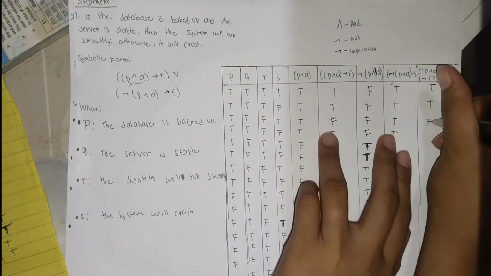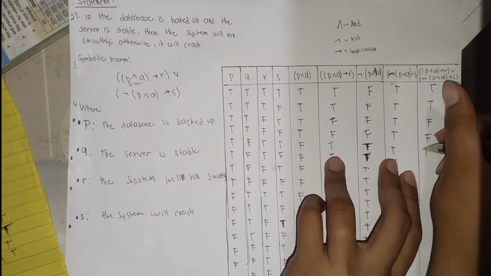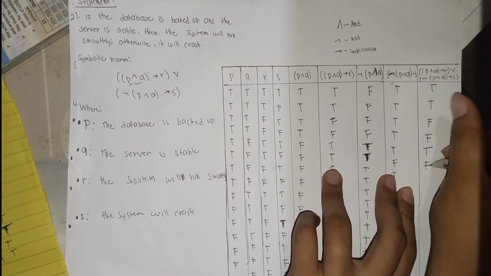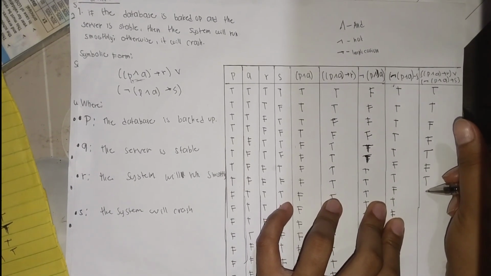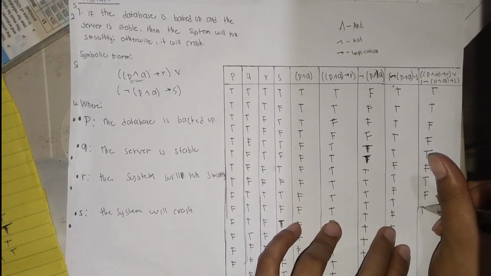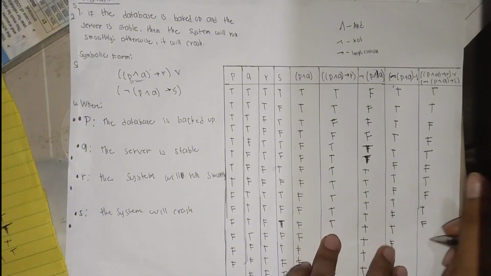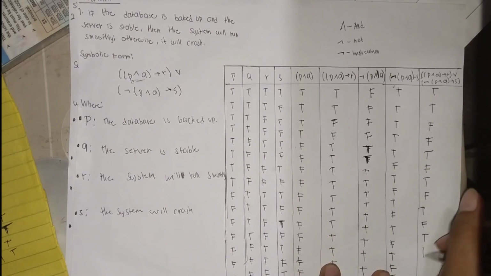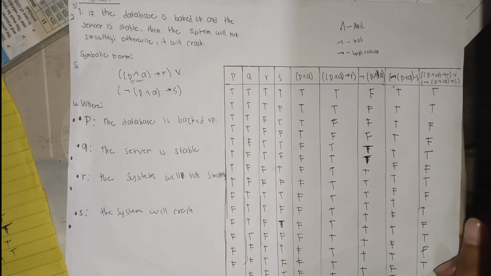F true, false; true true, of course true; then true false, false; then true true, true; then F true, of course F; then true true, of course true; then true false, of course false; and so on through the rows.